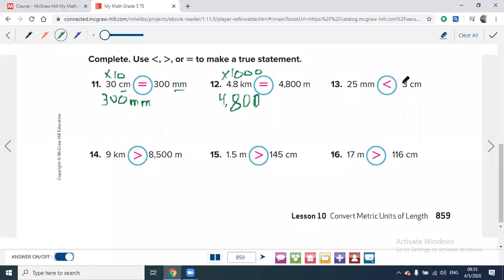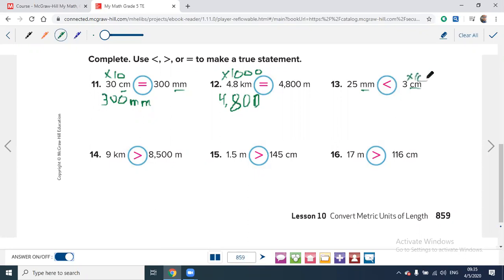25 and 3. Someone will say 25 is greater than 3. No, check first which unit they are. Here I have millimeter and 1 centimeter. You have to convert the large one to be like the small one. The large one is centimeter. How many millimeters are there in 1 centimeter? There are 10. So I have to multiply 3 by 10.